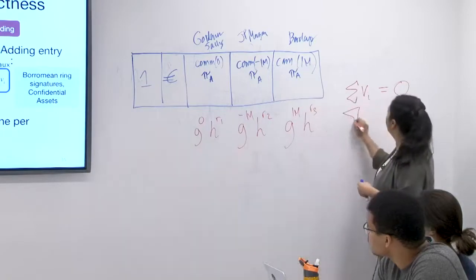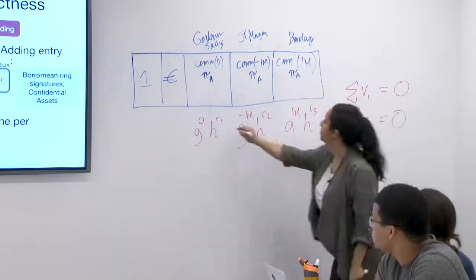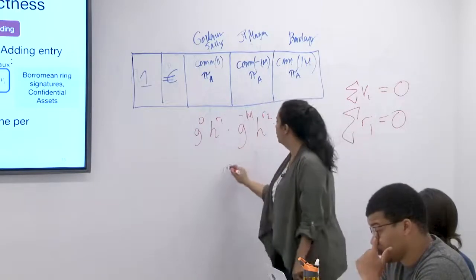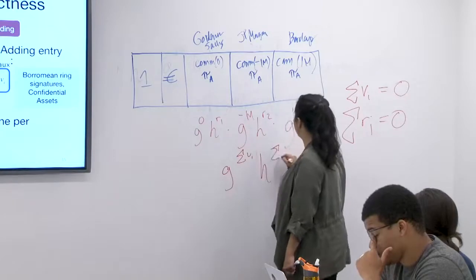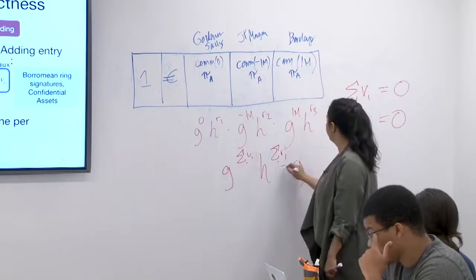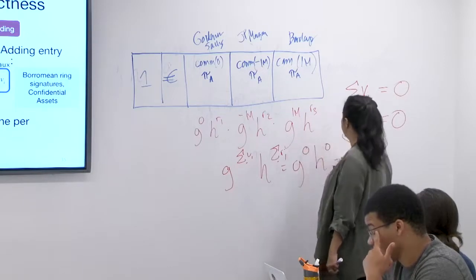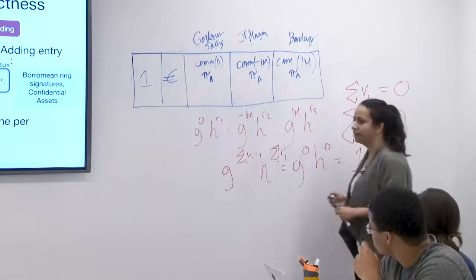So if the sum of the r's also commits to 0, then when you multiply these things together, you're going to get g to the sum of the v's, h to the sum of the r's. And if both of these things are 0, you get g to the 0, h to the 0, which should equal what? 1. Exactly.